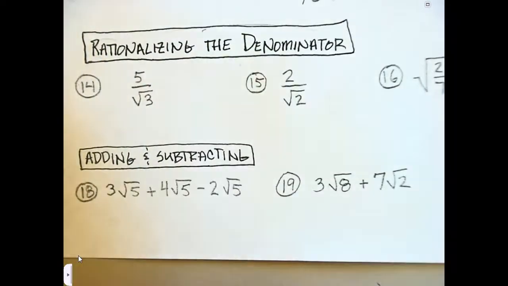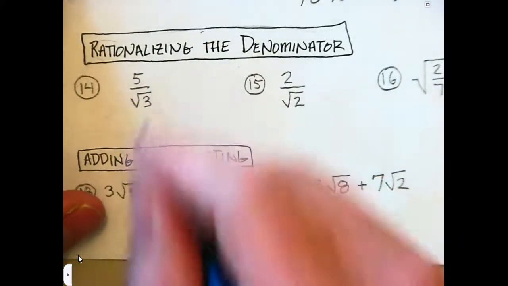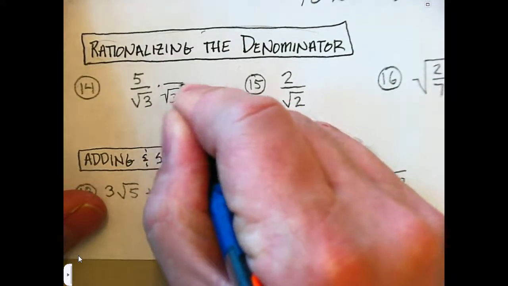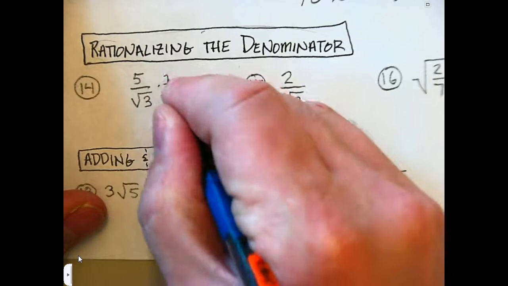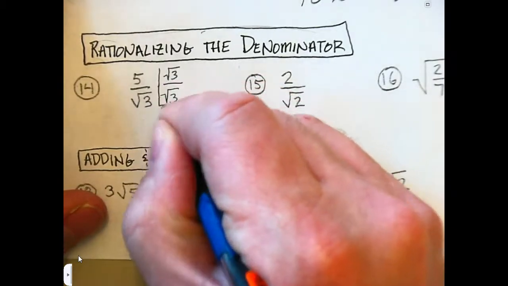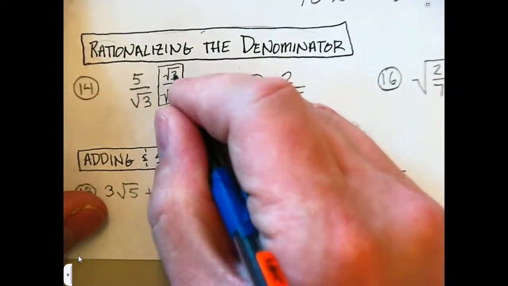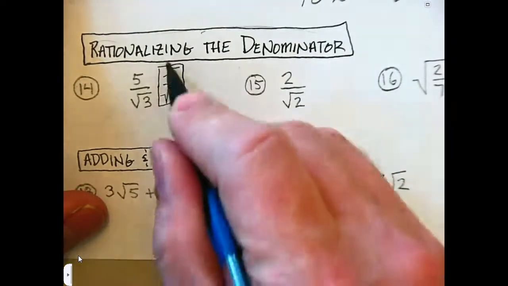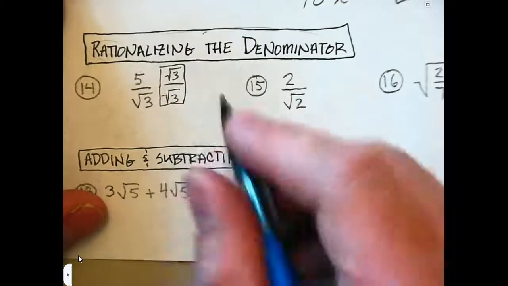Okay, so to get the root out of the denominator, we have to multiply by? Good. You take whatever root's in the denominator and multiply by that over itself. Remember, this is the number 1. Root 3 divided by root 3 is 1. Therefore, you're not changing the value of this, you're just changing the form.